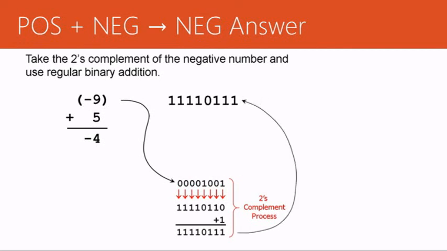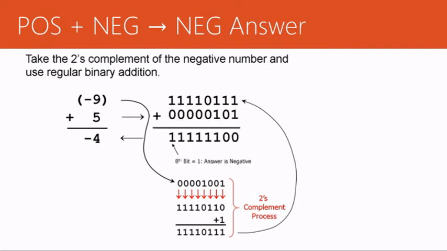Okay, and since 5 is positive, all we have to do is get its equivalent binary. So we have here 0, 0, 0, 0, 0, 1, 0, 1. And let's add. 1 plus 1 is 0, carry 1. 1 plus 1 plus 0 is 0, carry 1. 1 plus 1 plus 1 is 1, carry 1. 1 plus 0 plus 0 is 1.